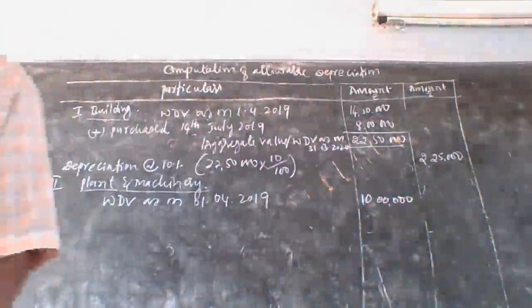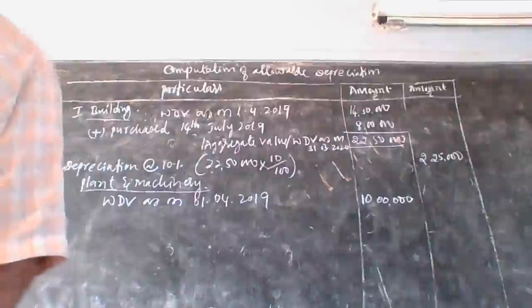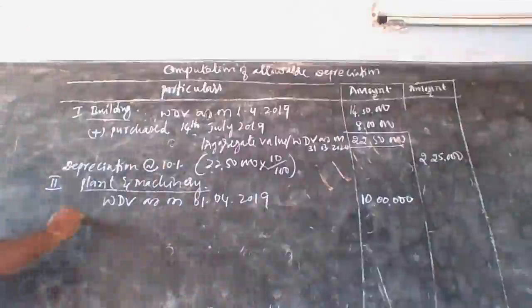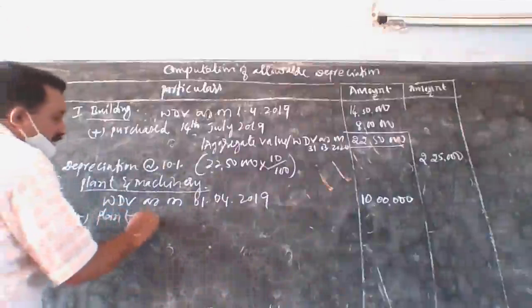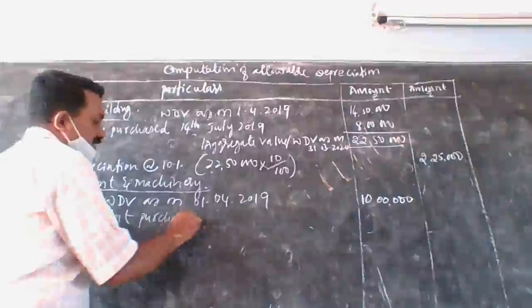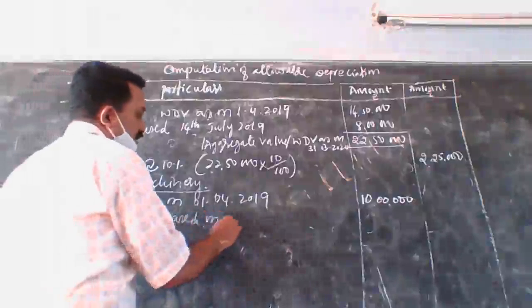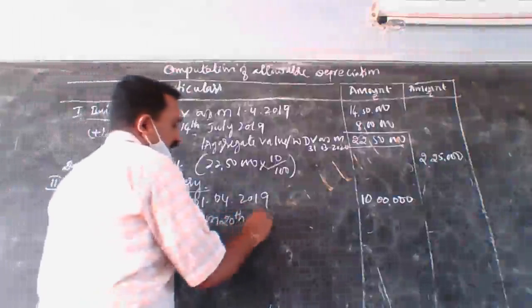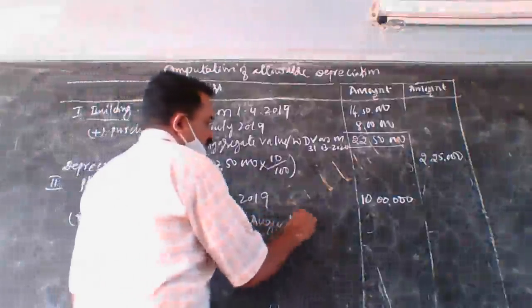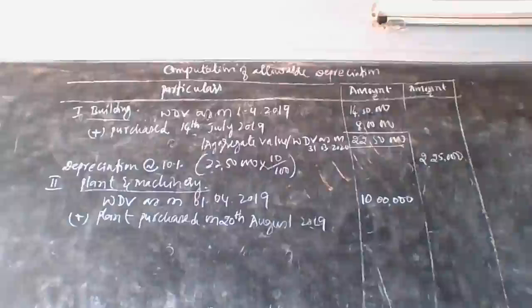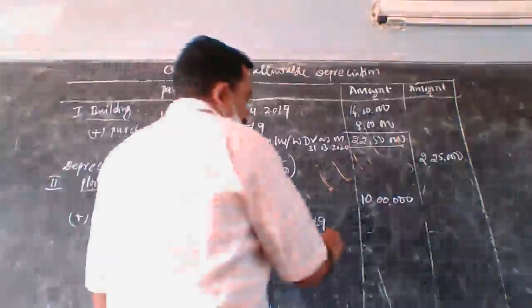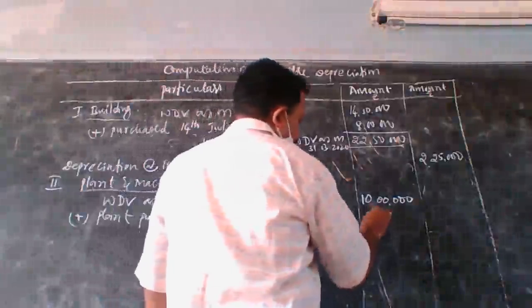Next, purchase during the year: plant purchased on 20th August 2019 for rupees 15 lakh.